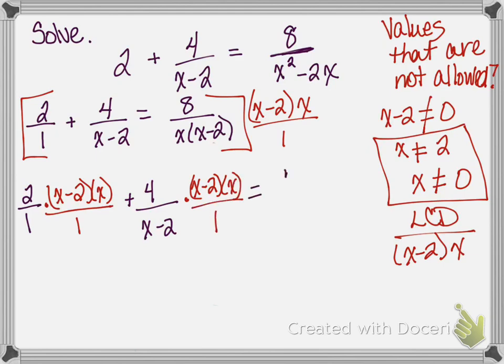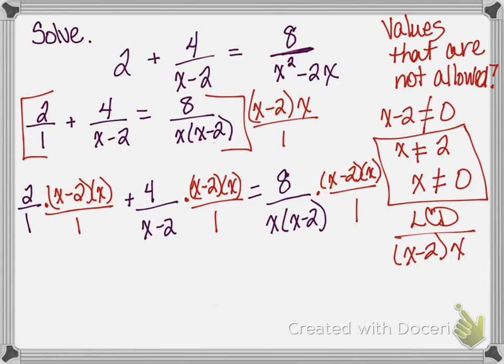That equals 8 over x times x minus 2 times x minus 2 times x over 1. This allows me to eliminate all denominators, and that's what I want.